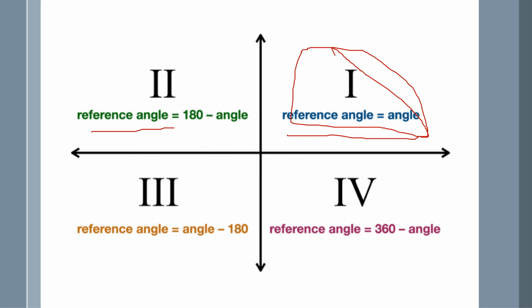In quadrant 3, you have the angle minus 180. In quadrant 4, you have 360 minus the angle to get the reference. But going back to that unit circle, what did you notice about it with the colors? Think about it. We're about to get ready and do the work for it.